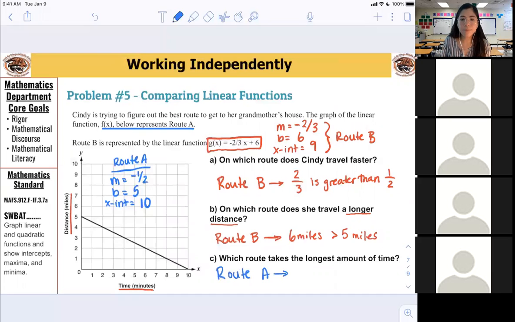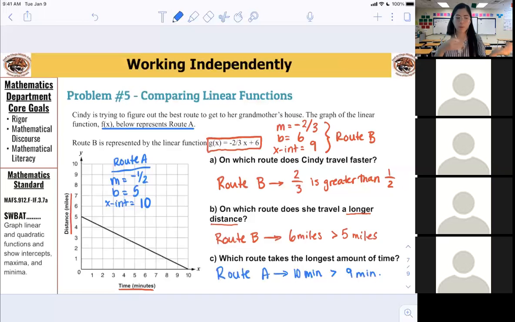Your x-intercept. 10 minutes is greater than 9 minutes. So even though root B starts at a longer distance, even though root B is traveling a longer distance, it's also going faster, so it gets there first.